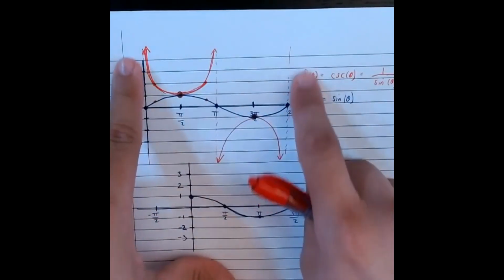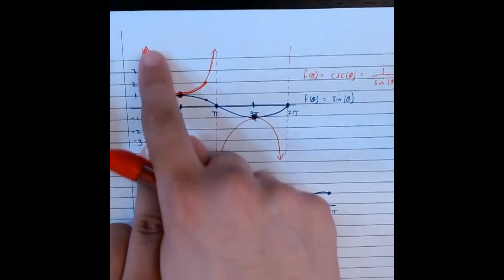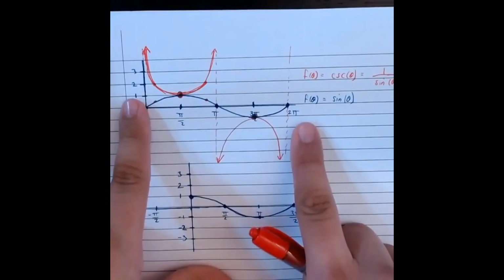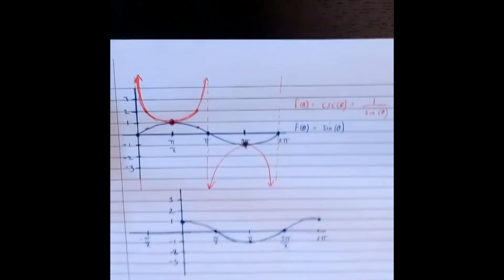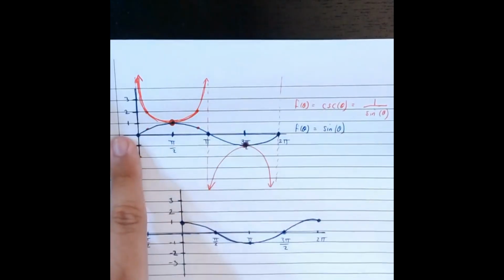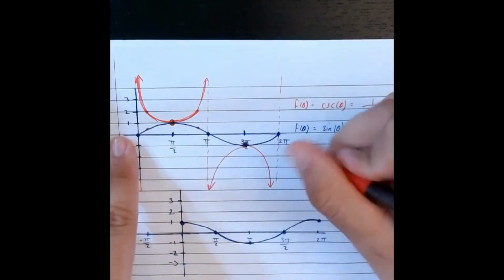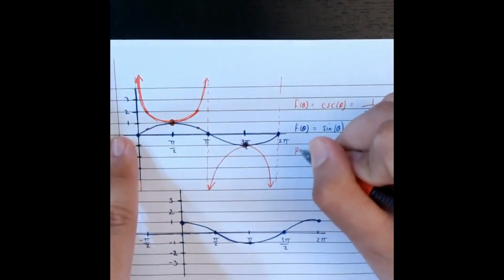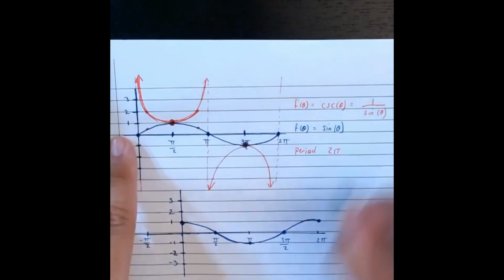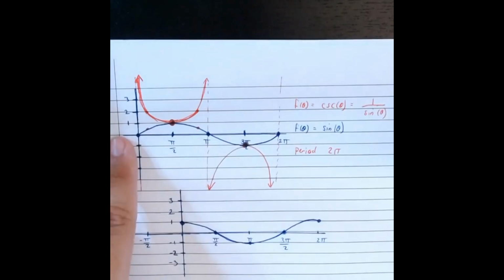But for a cosecant function, here's one part, here's another part of one period. Note that means the period begins at 0 and ends at 2 pi. So just like with sine, I have a period of 2 pi, just like we had with sine of theta.